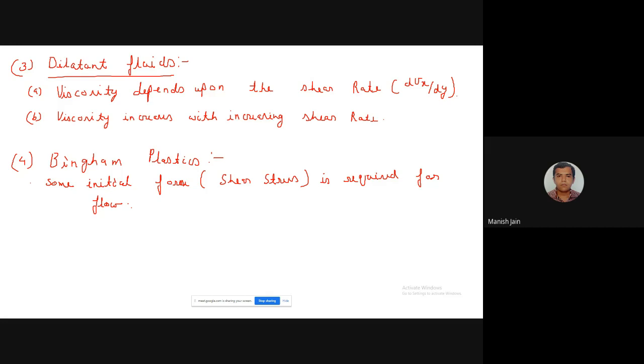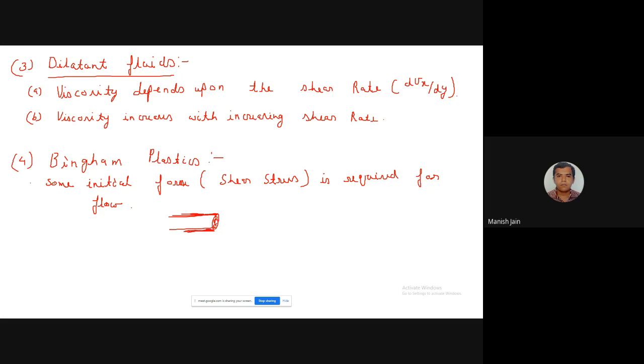In toothpaste you can see that you will require initial force, then only it will flow, otherwise it will remain solid. Where the shear stress value is less, it will come as a solid block. If you see the toothpaste, it will come out in a tube like structure. Why? Because shear stress values are higher at the boundaries and lower at the middle point. So at the middle point it will remain as a solid block, and only at the boundaries it will move as a fluid.